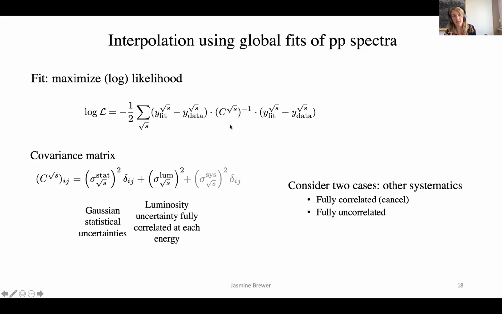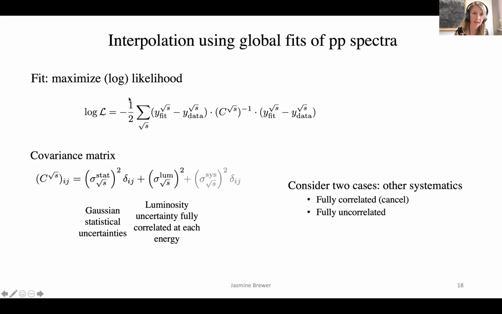And so if this covariance matrix just has entries on the diagonal, then this is just a Gaussian, which describes the likelihood that the fit is within the data, within the uncertainties in the covariance matrix.